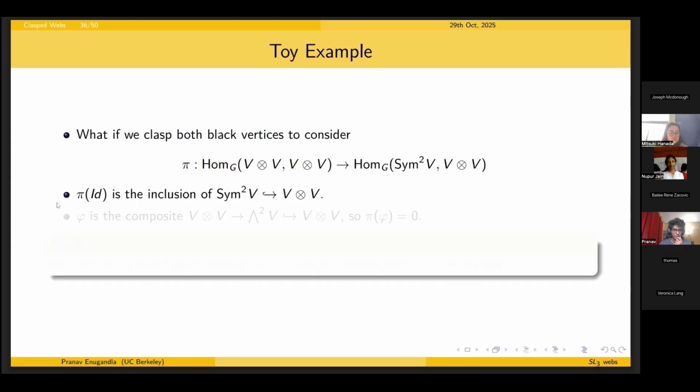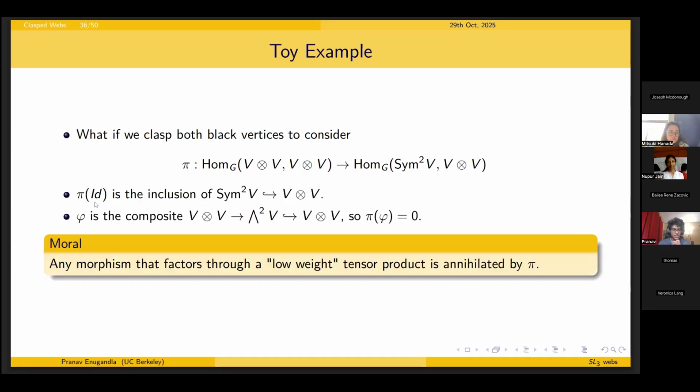So when you project the identity map, you just get the inclusion of the symmetric power into V tensor V. But this other map, if you really think about what it's doing, this anti-symmetrizing map, you're first projecting to the alternating part and then including back into V tensor V. So if you restrict this sort of projection to the alternating part to the symmetric part, that's going to sort of die under this first projection map.